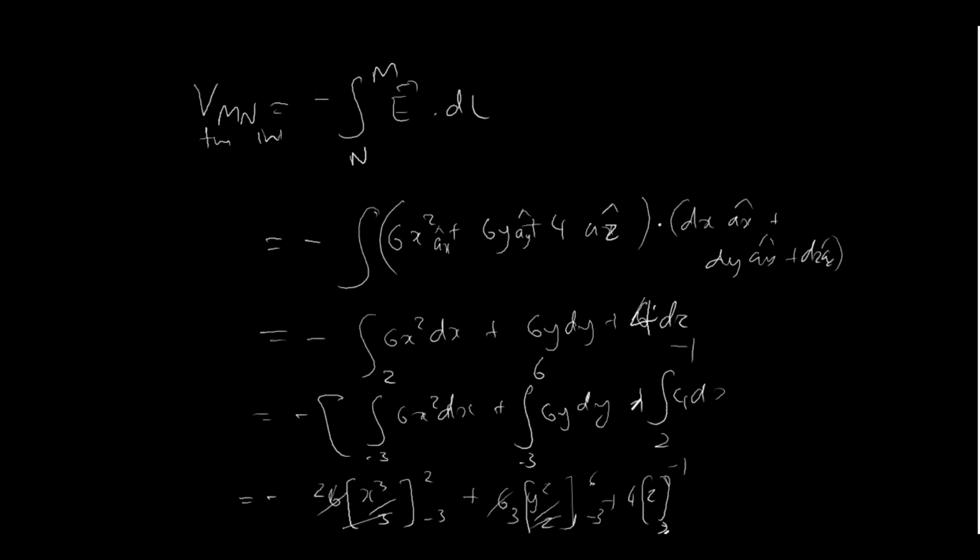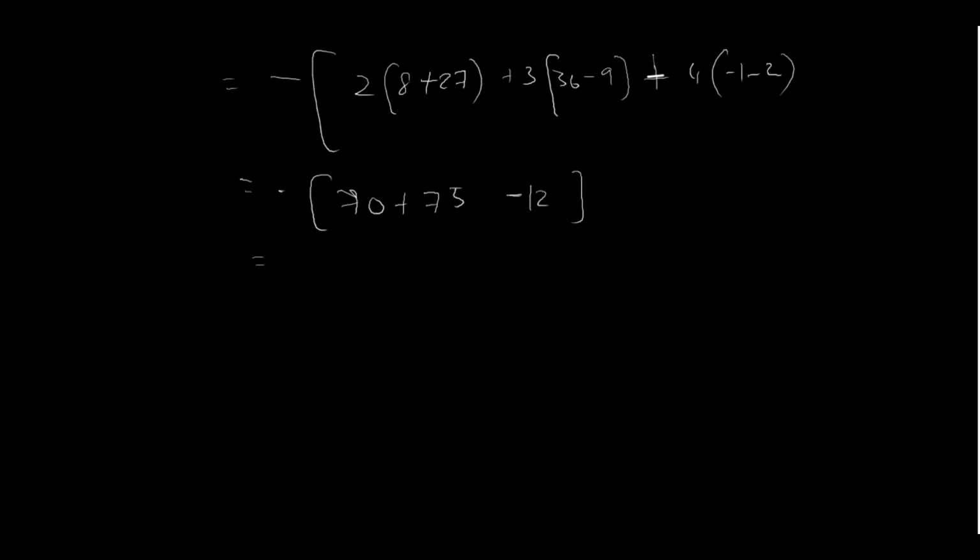Now 6 is taken outside, so 2 3 times 3 into 6 square is 36 minus 3 square is 9. Here is a mistake. So 36 minus 9 is 27. So 27 into 3 is 81. 81 plus 70 is 151 minus 12 is 139. So minus 139.